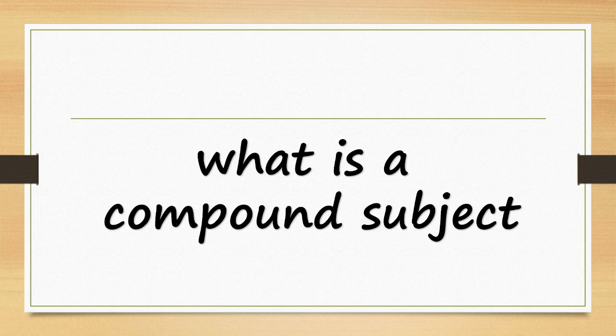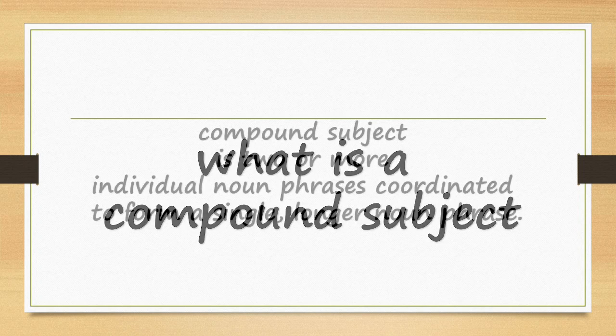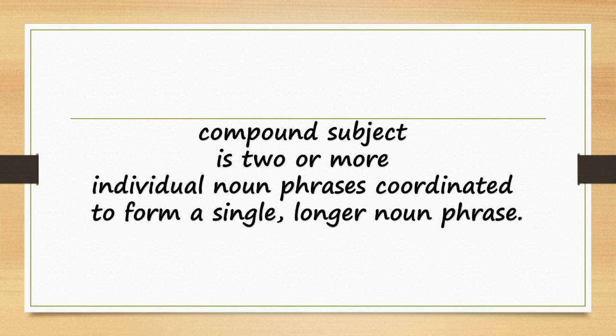A compound subject is two or more individual noun phrases or subjects coordinated to form a single longer noun phrase. It means that a compound subject is a combination or coordination of two or more individual noun phrases.